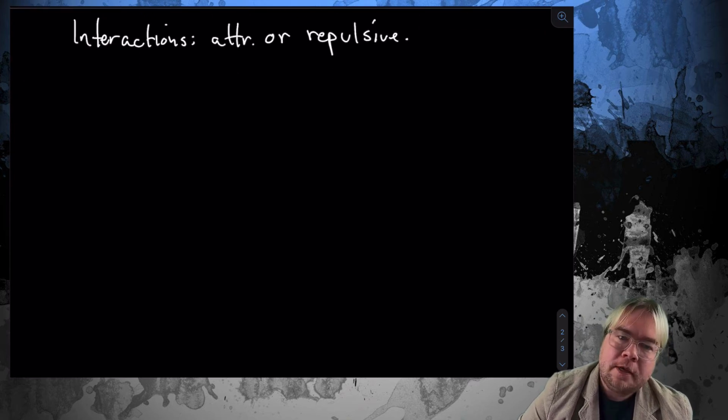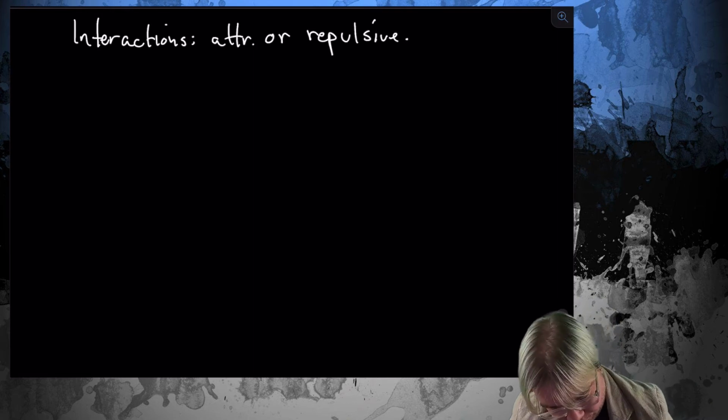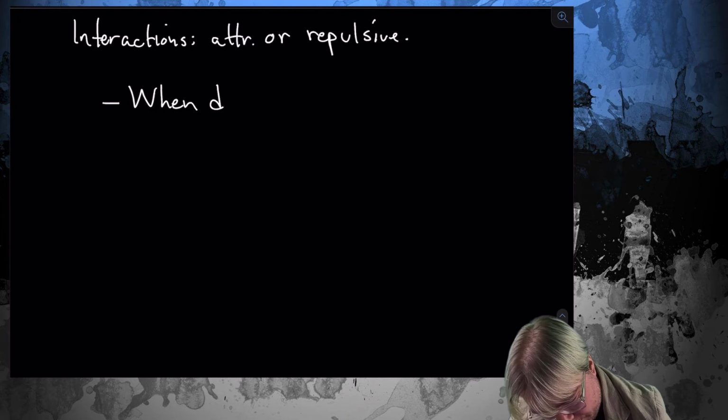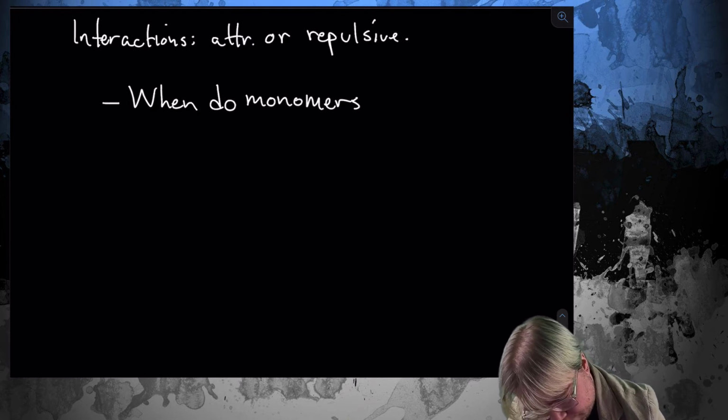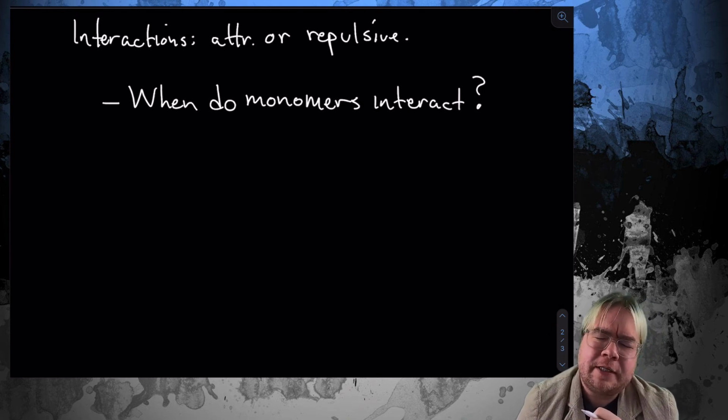All right. So we have to answer a couple questions first. First of all, maybe the most important one is, when do the monomers interact? That's a good question. When do they interact with each other?